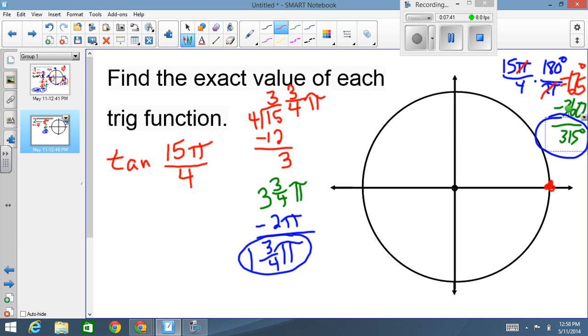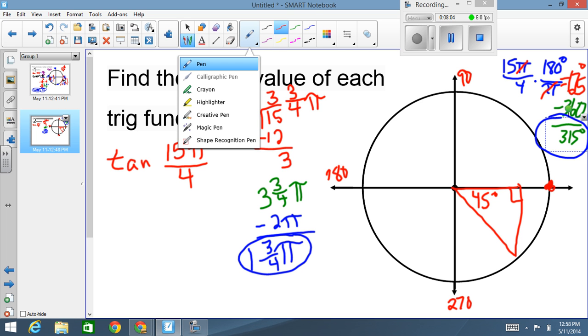315 degrees would be, let's see, this is 90, 180, 270. I need 45 more degrees, so I'm going to split this thing right in half, and I know each of these are 45 degrees. Run this thing right up here, right triangle, and I'm ready to work.